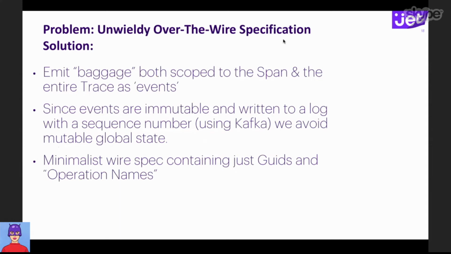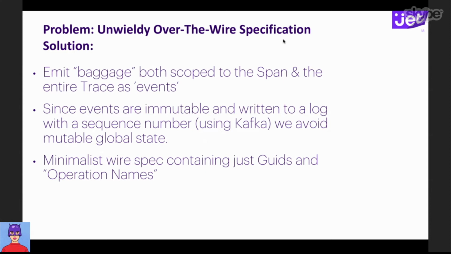And I'll show you some examples of what those types look like and what I mean by unwieldy. But basically, in distributed tracing and in OpenTracing, there's this concept called baggage, which is a great word for it, because you're carrying this baggage as you propagate a trace.